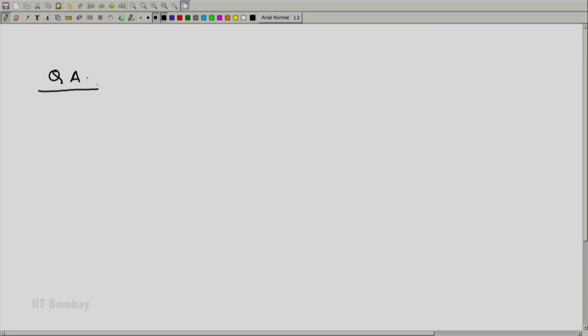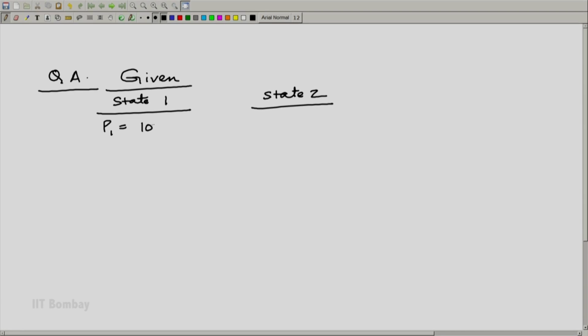Tutorial 4 question A. What is given to us? We have state 1 and we have state 2. What we know about state 1 is P1 is equal to 10 bar or 1 MPa, and P2 is equal to 0.1 bar, which is 0.01 MPa.